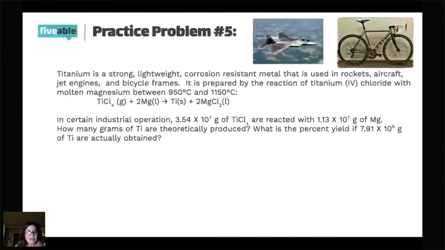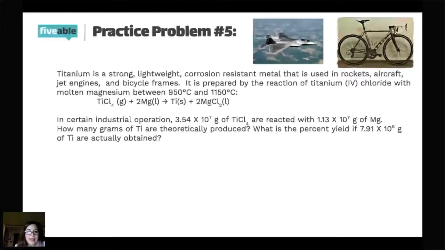Now here it says how many grams of titanium are theoretically produced. What is the percent yield? It's 7.91 times 10 to the power of 6 grams of titanium are actually obtained. In this problem, now they're adding another concept, the concept of percent yield. So whenever we do these calculations in chemistry, we are doing it on paper.